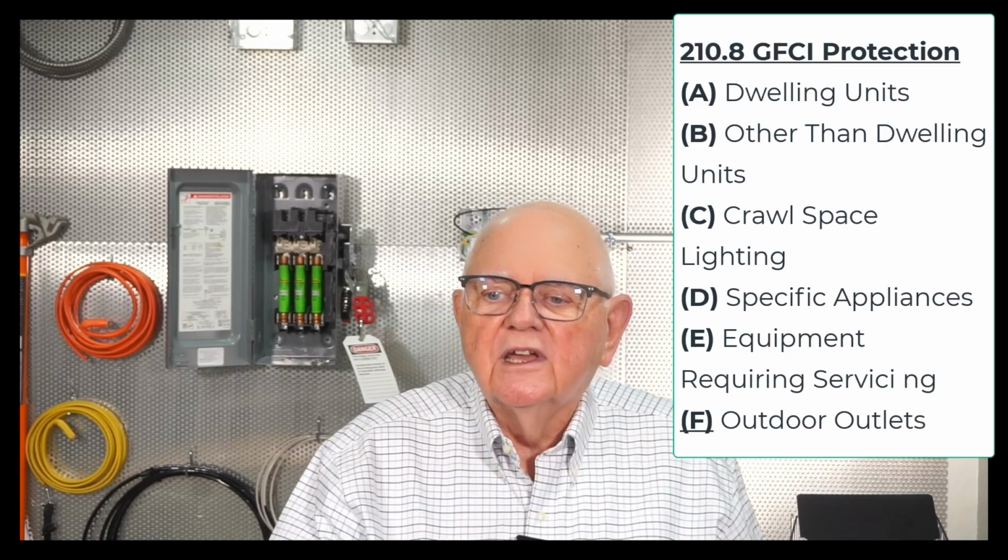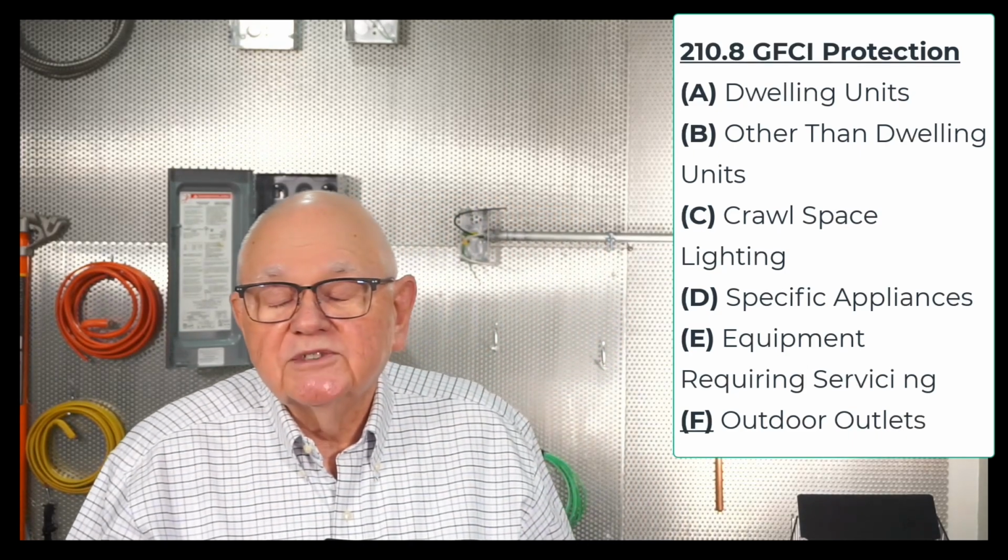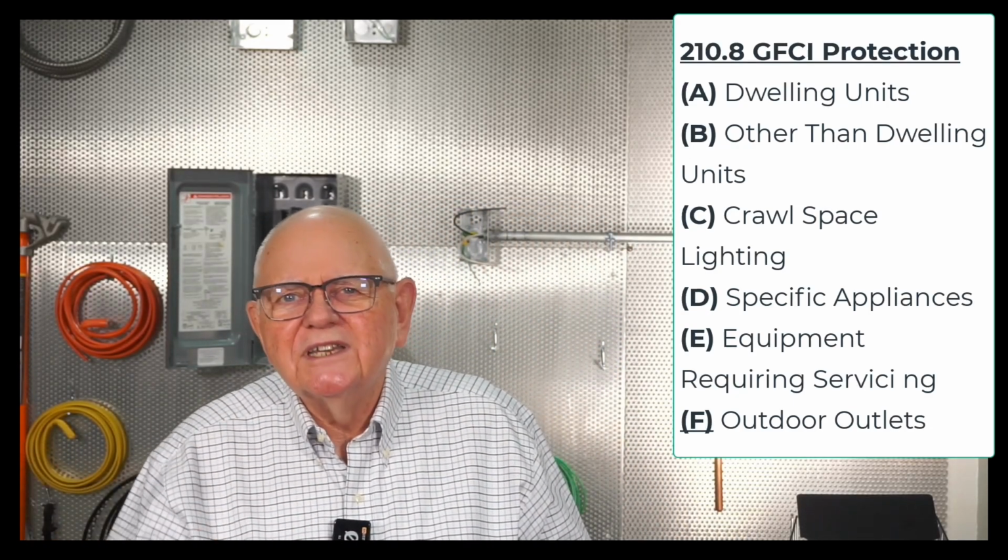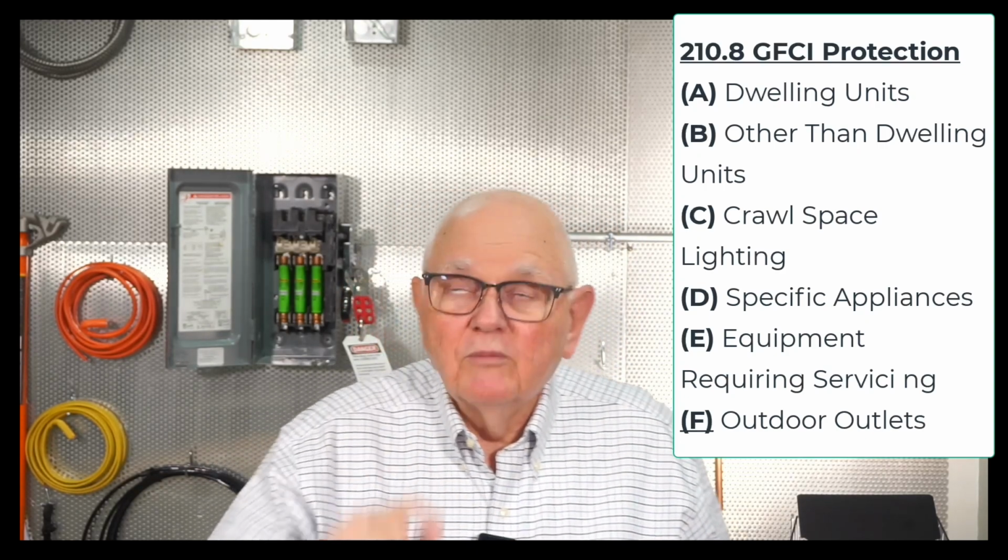Specific appliances must also be GFCI protected. That's covered in subsection D in 210.8. Subsection E talks about equipment requiring servicing, and that's going to refer us to 210.63. 210.63 says, hey, look, we have some HVAC equipment out there, and so maybe on a rooftop unit, you need to supply a receptacle for that service technician.